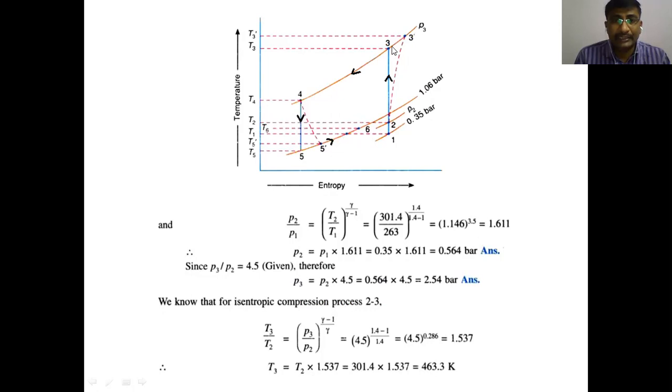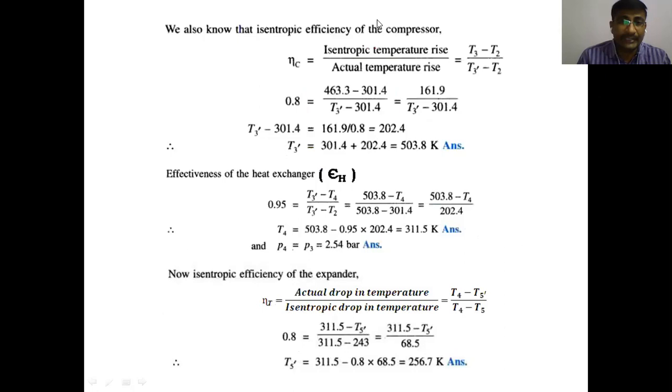By using this T3 and the efficiency of the compressor, we can find the temperature of the actual compression, T3 dash. We know that the isentropic efficiency of the compressor, eta C, equals the isentropic temperature rise by the actual temperature rise.